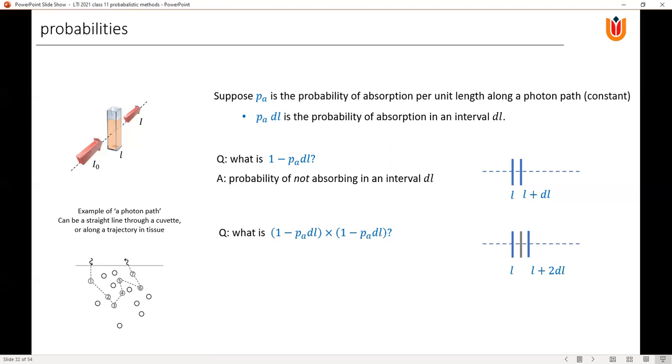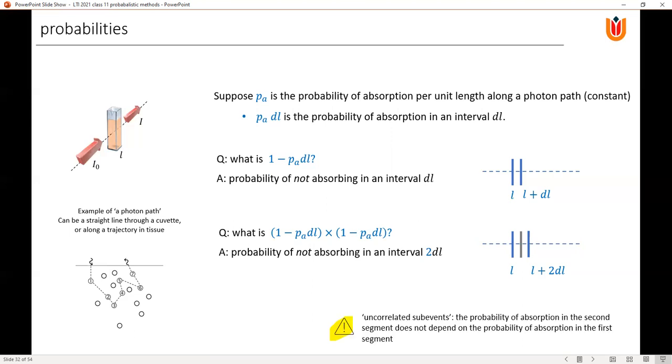So if 1 minus PA DL is the probability of transmission through segment DL, then this would be the probability of transmission through two of these segments, assuming that these probabilities are totally independent. So this would be the probability of not absorbing, or transmission. Yeah, that is the caveat.